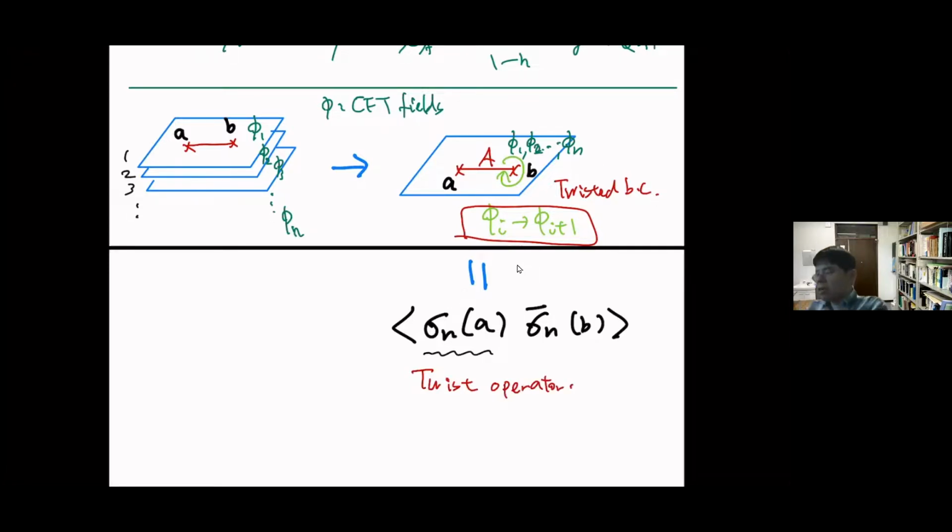Here I already had CFT in mind. In CFT, when we talk about a twisted boundary condition like this, we can regard it as some non-local operator, which we can put here, which is related to the twist operator. Once we put the twist operator, we suddenly change the boundary condition.